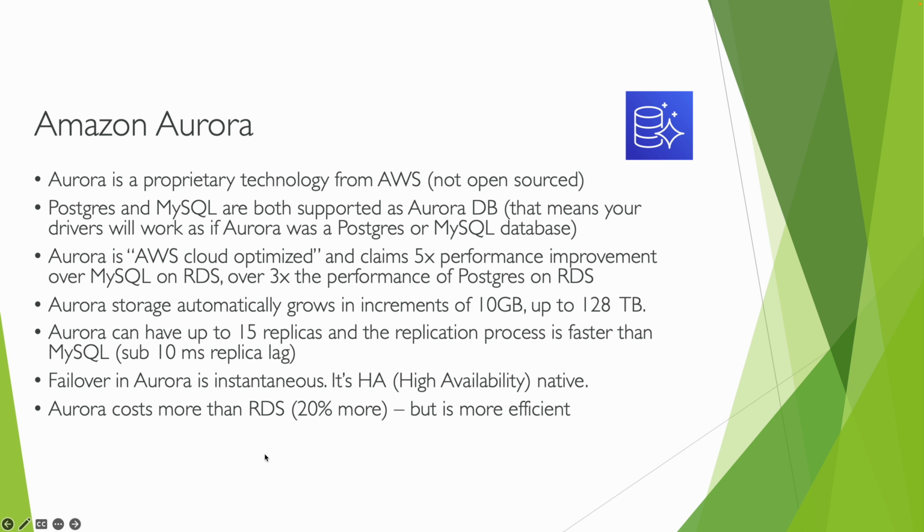As it gets all these features and is fast, Aurora costs more than RDS, almost 20% more than normal MySQL, because it gives better performance. Obviously, it has a higher cost.